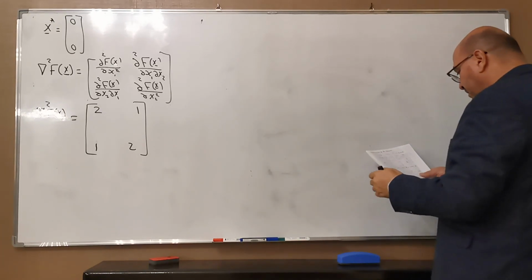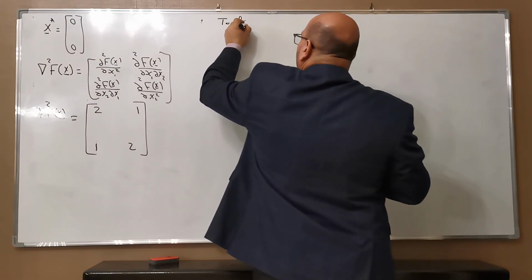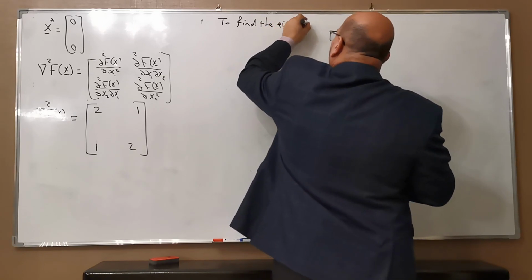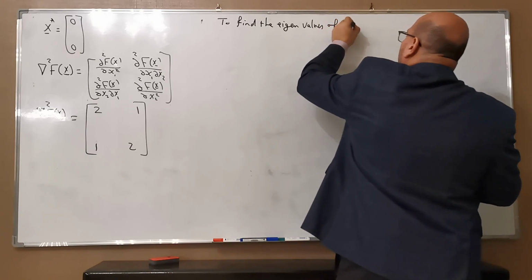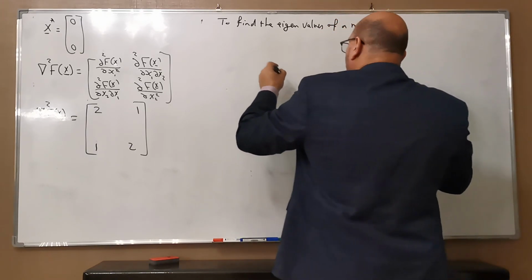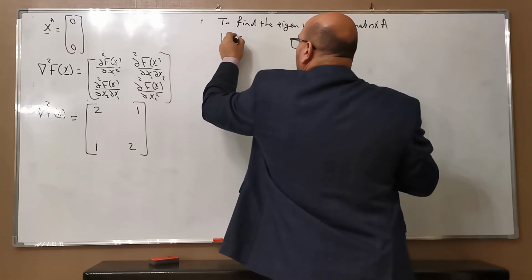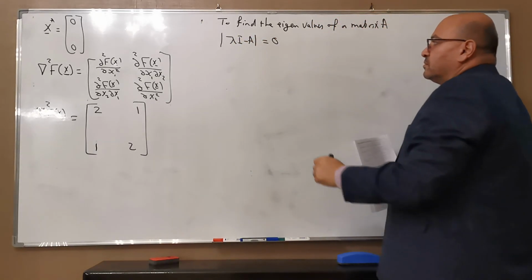To find the eigenvalues of a matrix A, we have to find the determinant of lambda I minus A, and equate it to 0.